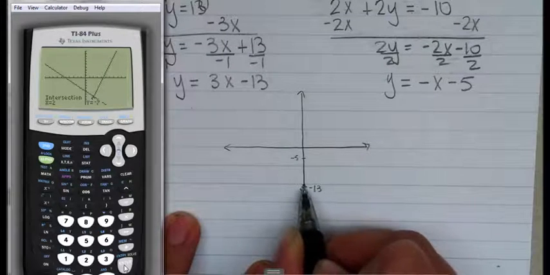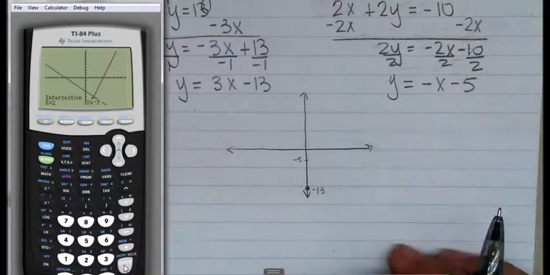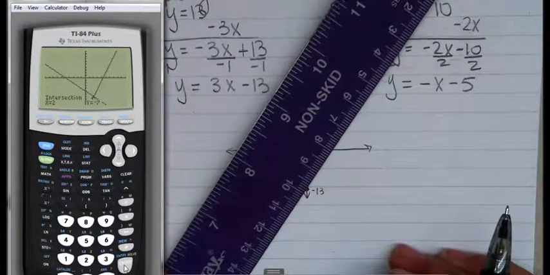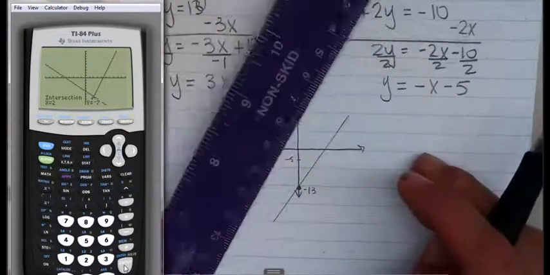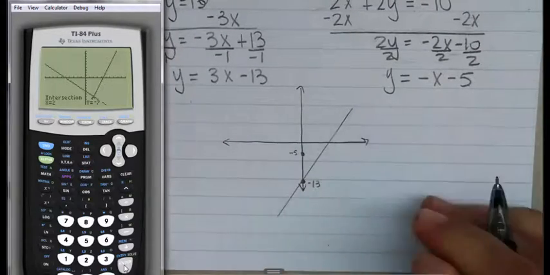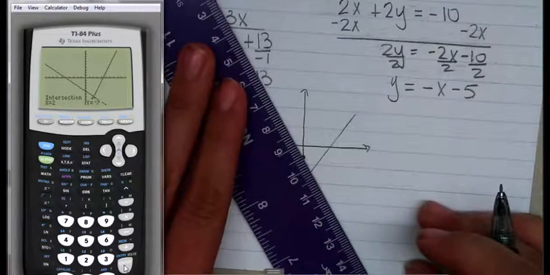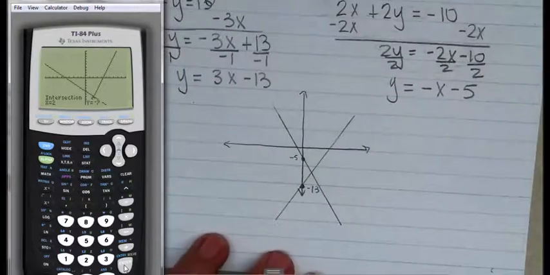So I've got a -13 with a positive slope, so I know that that line is going to go, again, just a rough graph. And then this other one, I'm starting at -5, and I've got a negative slope. Super rough graph, because we used our graphing calculator.